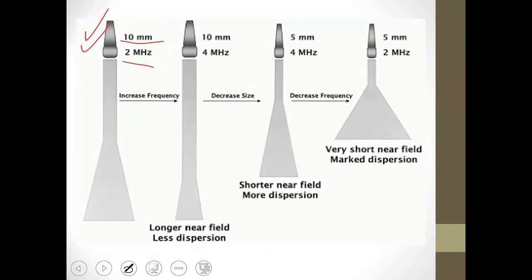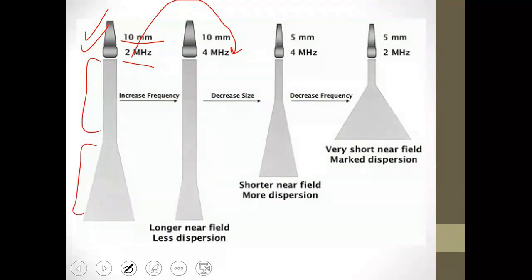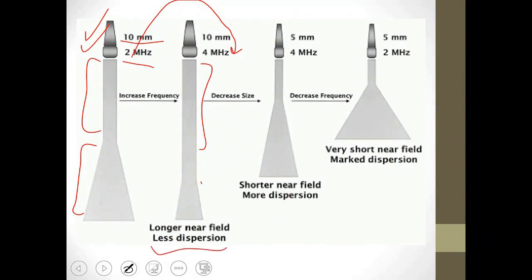I increased the frequency from 2 megahertz to 4 megahertz. What happened? Here is the near field area, and here is the divergence area, or the far field area. What happened to the near field? Did it increase or decrease? It increased, which is good, and the divergence decreased because you increased the frequency.